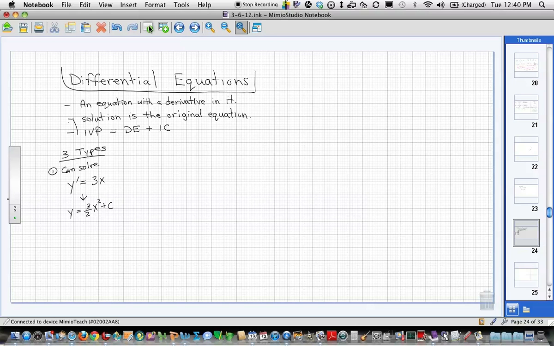Now, if we made it an initial value problem, if I had stuck on an initial condition like y of 1 equals 2, we could now plug that in and we'd have 2 equals 3/2 times 1 squared plus c. We'd have c equals what?